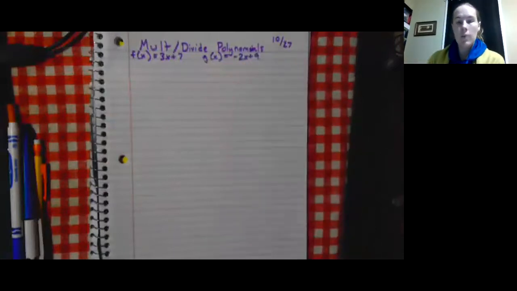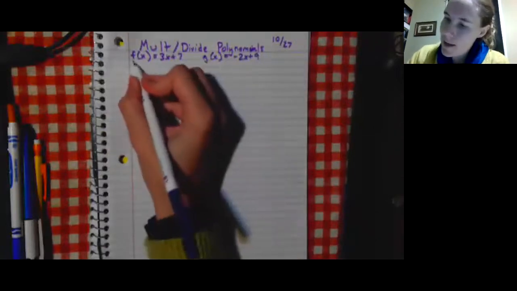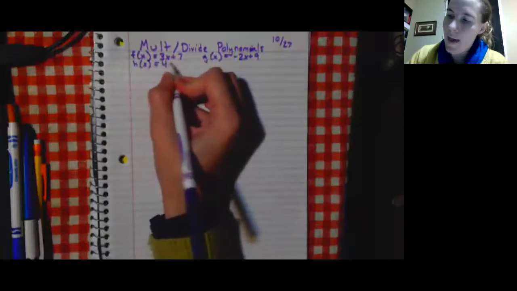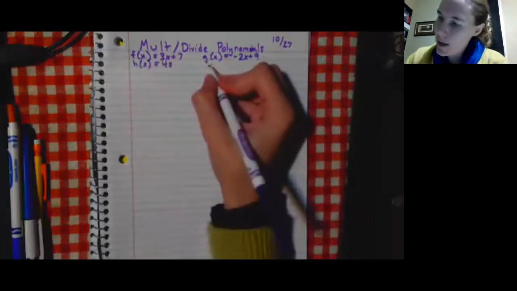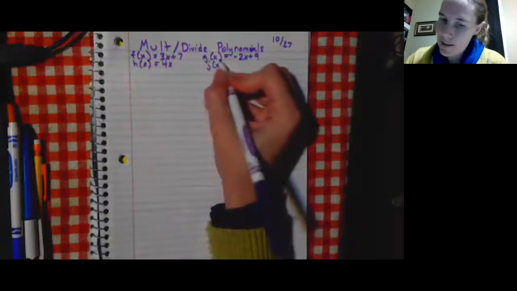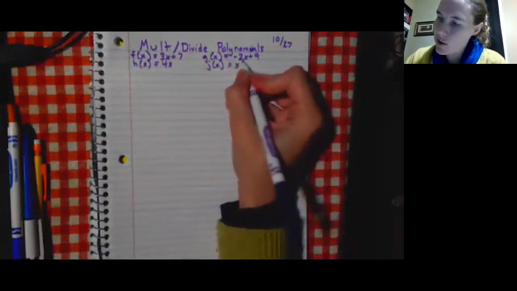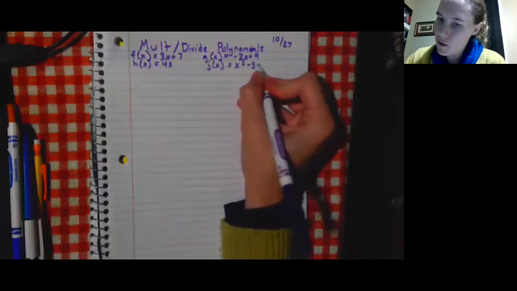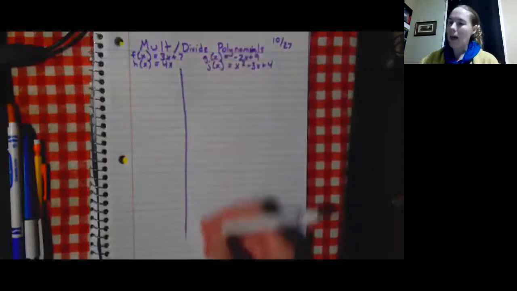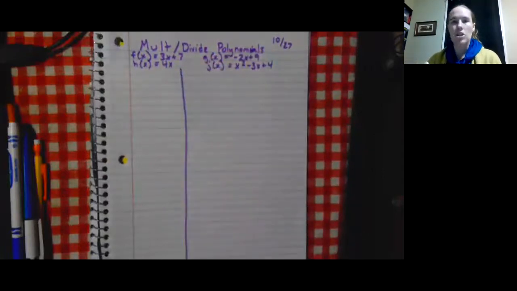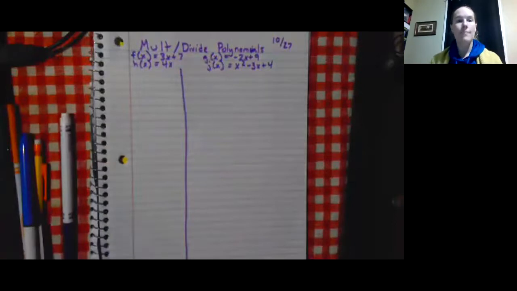The next function we're going to be working with is h of x equals 4x. And the last function we're going to be working with is j of x equals x squared minus 3x plus 4. And remember with these that f of x, g, h, j, those are all just names for functions.